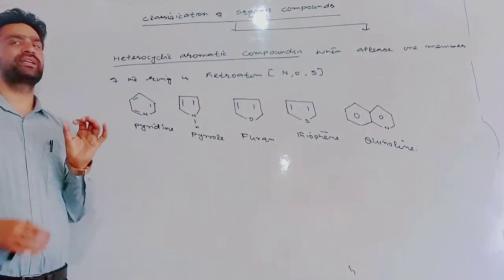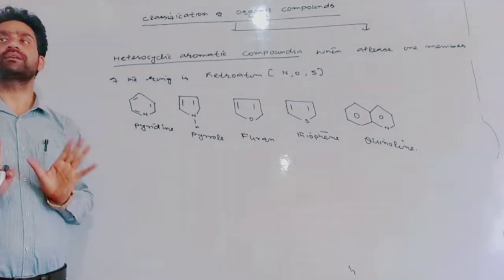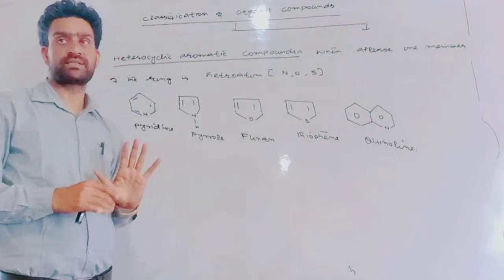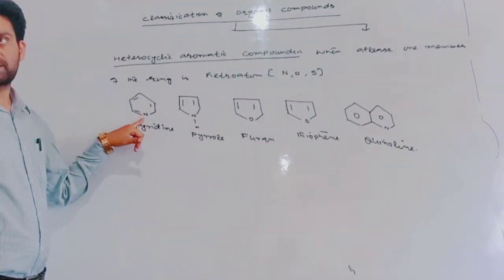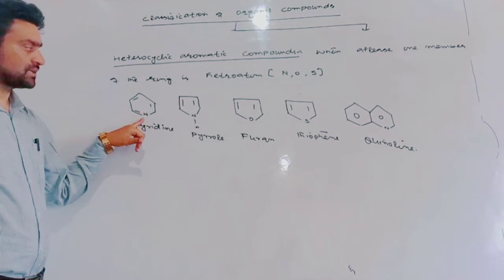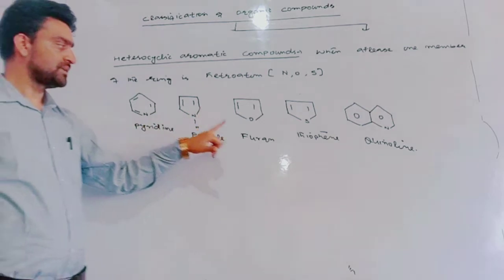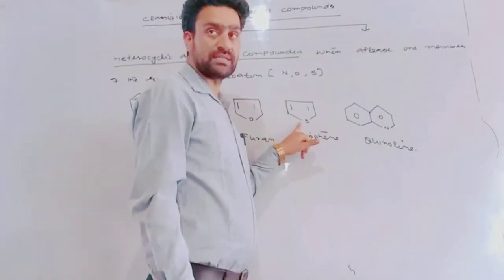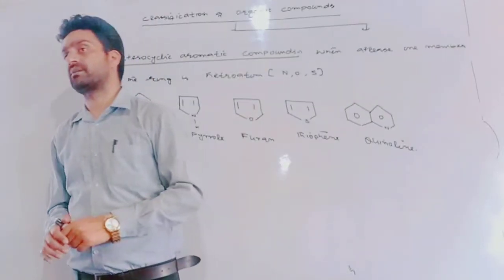These are aromatic compounds where at least one member of the aromatic ring is a non-carbon, which may be nitrogen, oxygen, or sulfur. I mentioned every example: pyridine containing nitrogen, pyrrole containing nitrogen, furan containing oxygen, thiophene containing sulfur, and quinoline containing nitrogen as the non-carbon.